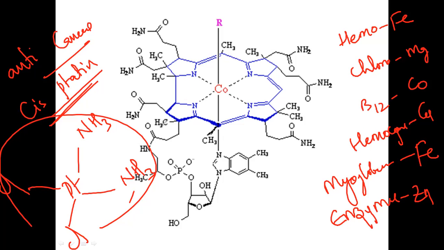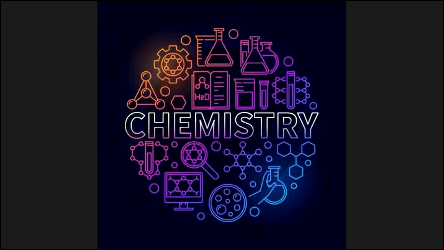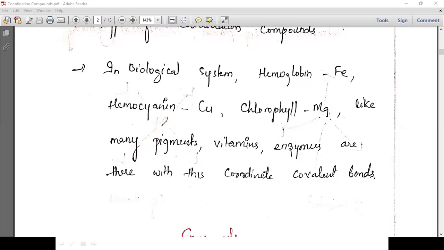Now let us see these coordination complexes. I already told you, in our biological system, hemoglobin contains iron, hemocyanin has copper, chlorophyll has magnesium, so many of the pigments. Most of the enzymes have zinc as a central metal ion.